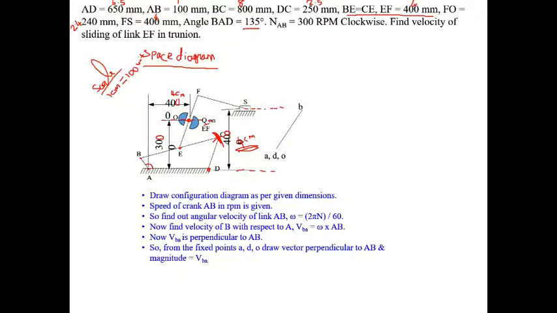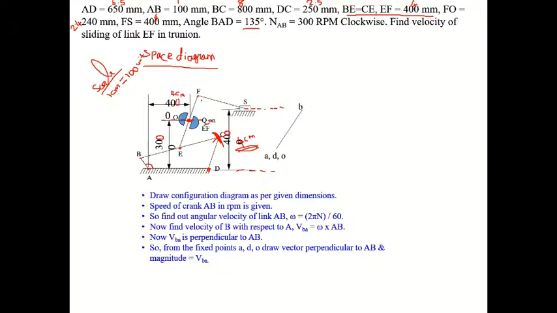I have drawn this line. I have drawn this point Q. And EF is passing through point Q and the length is 4 centimeter. So we have drawn this line, and from here FS is also 4 centimeter.